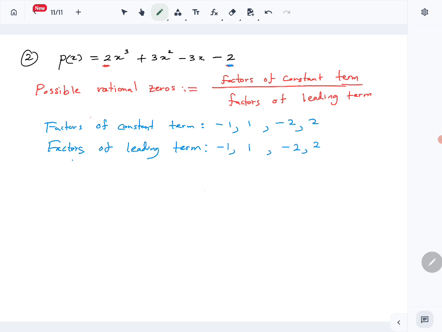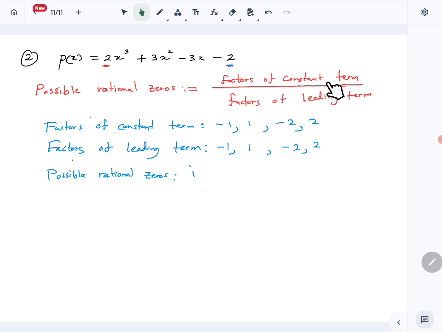Right. So then what are the possible rational zeros? You can pick minus 1 and divide by minus 1. So you get 1. Minus 1 divided by 1, you get what?